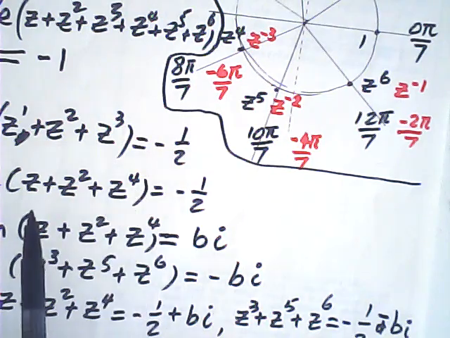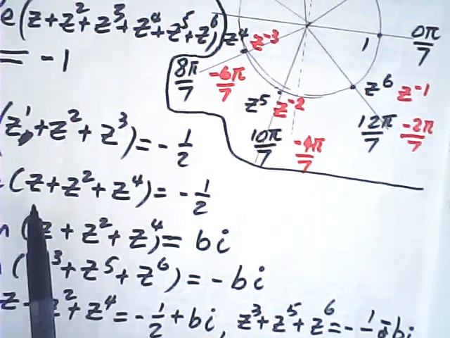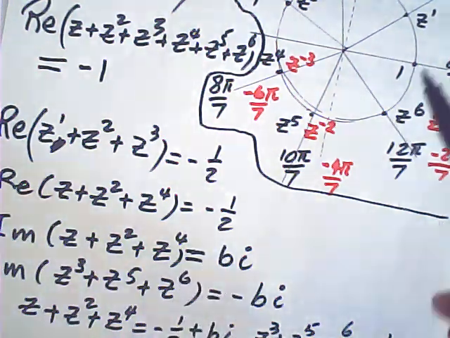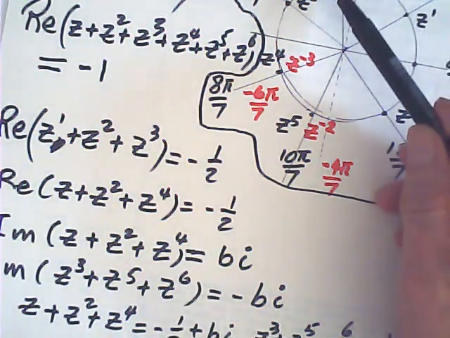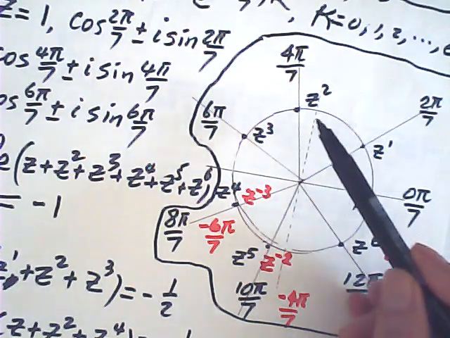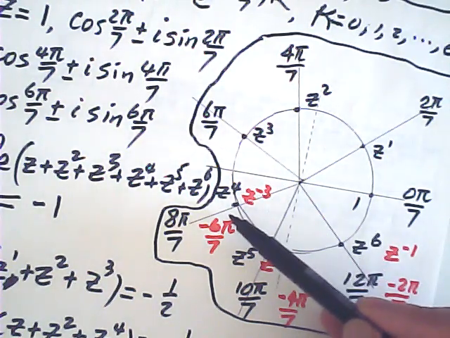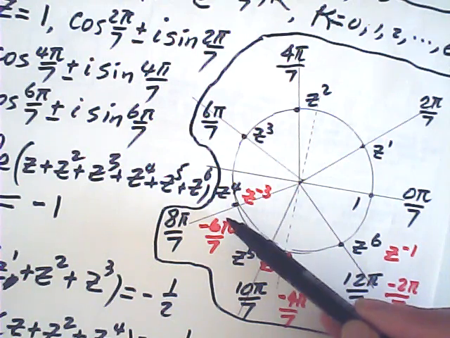The real part of these three numbers is a negative one half. That is this. The sum of the real part is negative one.